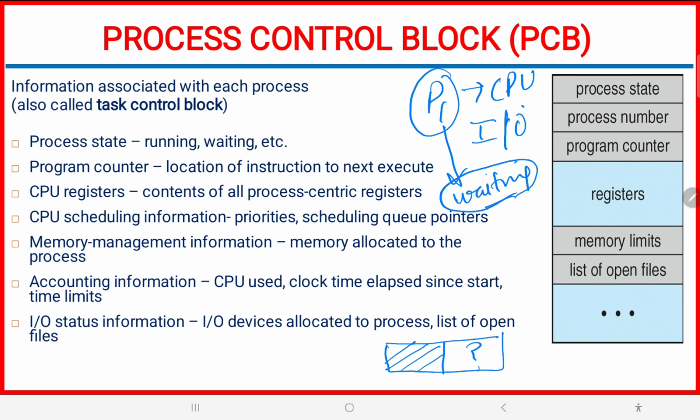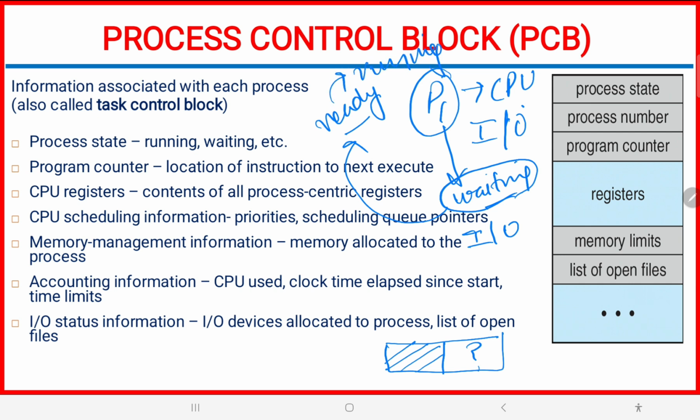Then whatever activity was to be done in the waiting state with regard to IO, that activity is now complete. Now this process P1 again enters into the ready state and is waiting for its turn to get allocation of CPU, that is, to move from ready state onto the running state.